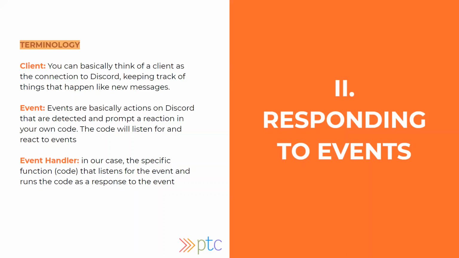The code will listen for and react to events. An event handler in our case is a specific function or code that listens for the event and runs the code as a response to the event. The onReady function from the test code before listens for a connection to Discord itself and will print something to the terminal window when that connection is successful.